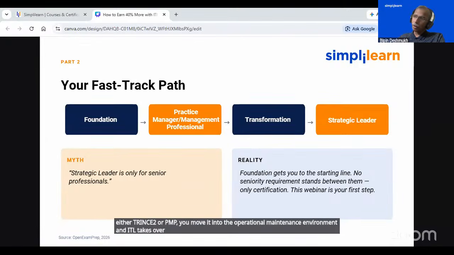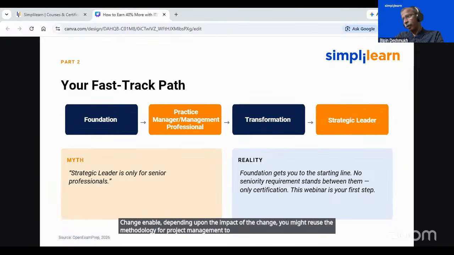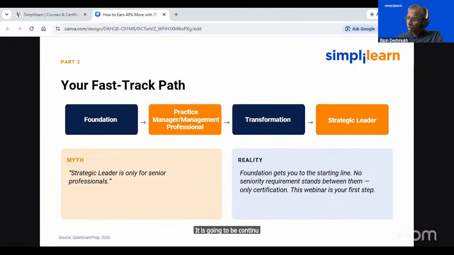Now if you are enhancing it again, depending upon the impact of the change, you might reuse the project management methodology to enhance the product and put it back into the operational and maintenance environment. This cycle continues. It is not going to stop. It is a continuous cycle, and that's why we say continual improvement.